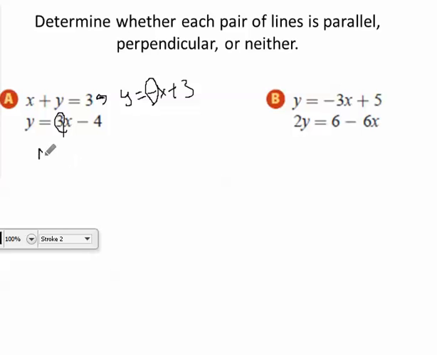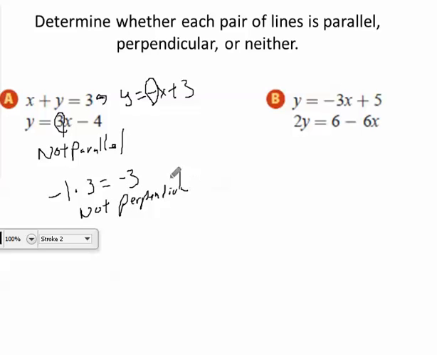No, not parallel. Is negative 1 times 3 equal to negative 1? It's negative 3. Not perpendicular, because this is not a negative 1.